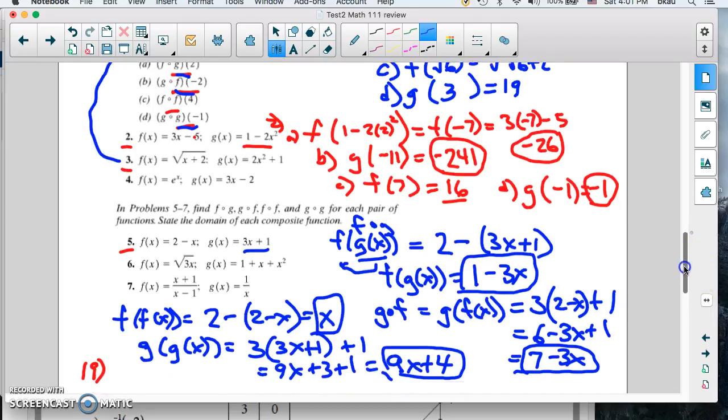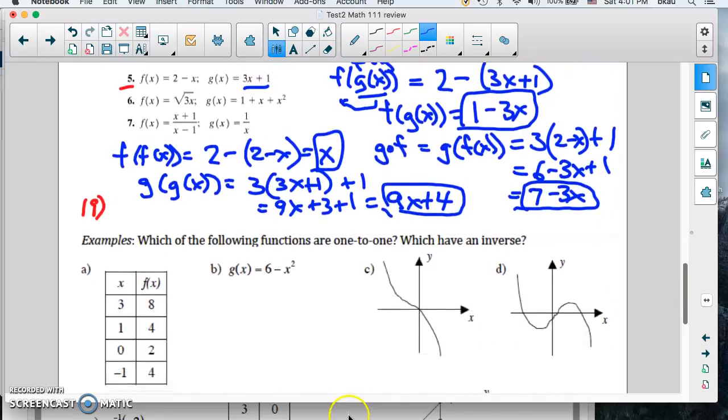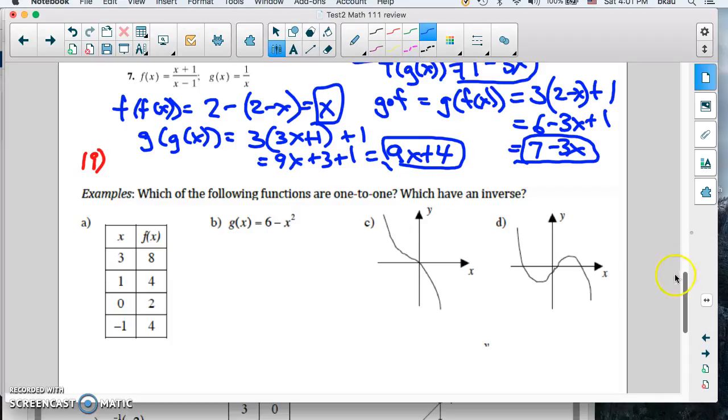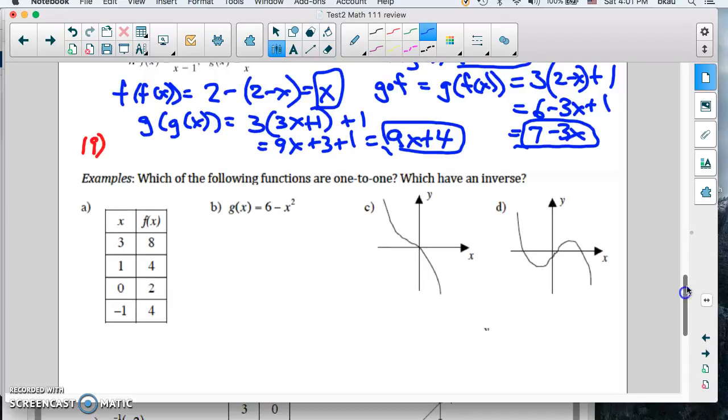All right, moving on to problem 19. Problem 19 states, identify whether it's 1-to-1 and whether it has an inverse. Okay, 1-to-1 means that you only get one value. That means you can't double up these values. This is not 1-to-1.